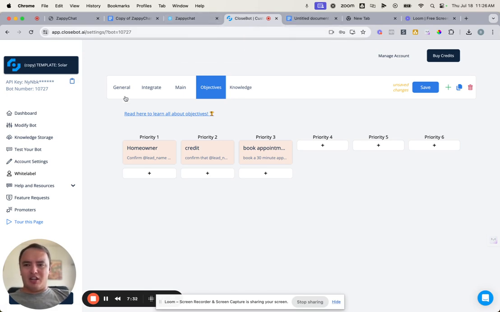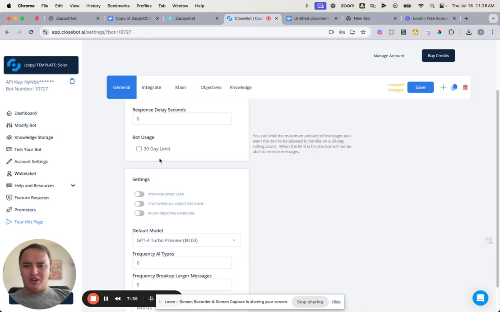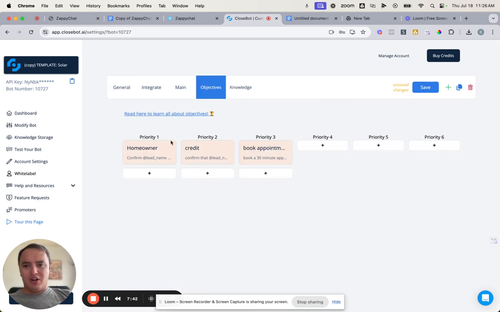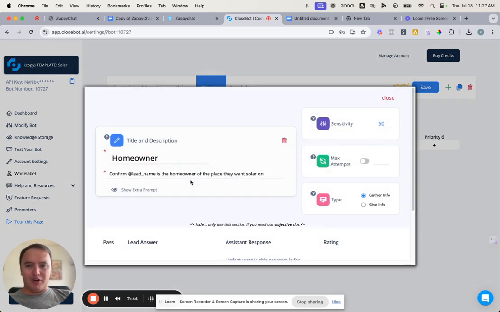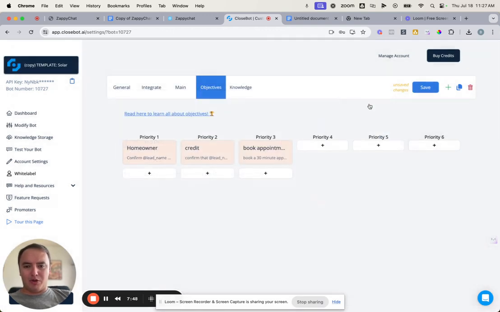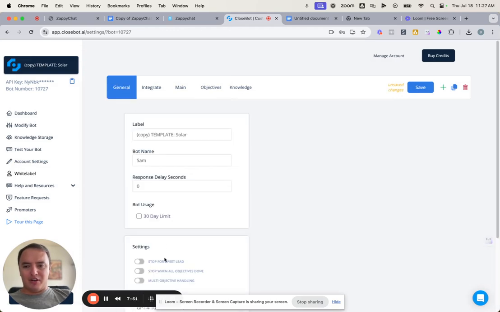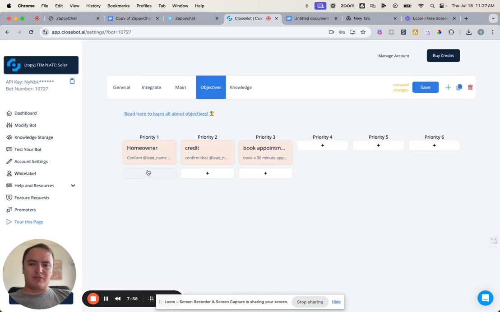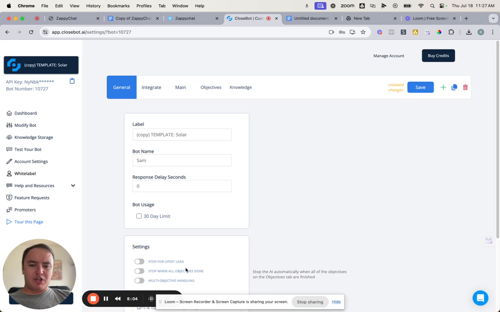You can have these different objectives, like confirm that they are the homeowner, and it'll check that off. So these are all the objectives: confirm that they're the homeowner, confirm that the credit score is over 625, book the appointment, and it'll turn itself off once the objectives are done.